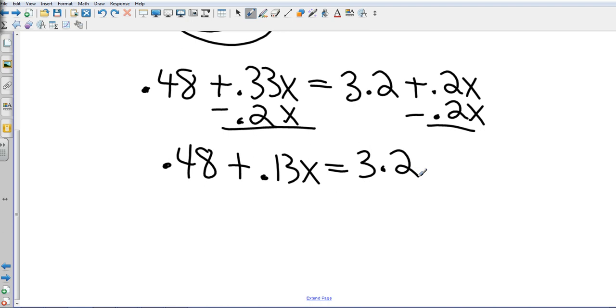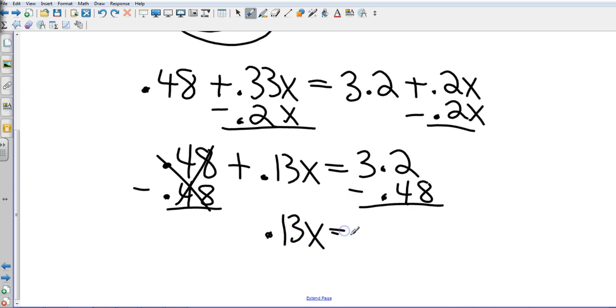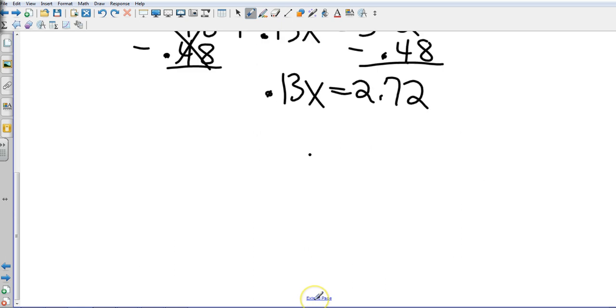Now what am I going to do? Subtract the 0.48. So that gives me 0.13x equals 2.72. And then divide both sides by 0.13. 2.72 divided by 0.13 is what?